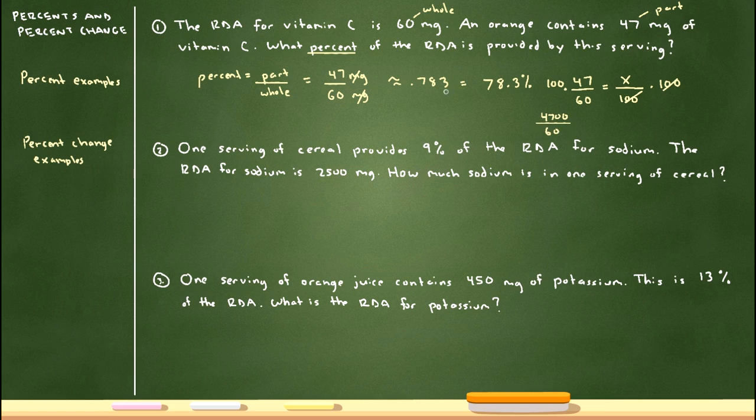I know I had said you do 47 over 60 first, but if you do 4,700 divided by 60, we're going to get approximately 78.3. Okay, we don't get 0.783, but we immediately get 78.3, and this represents our percentage. Okay, so that's another way to find the percent.